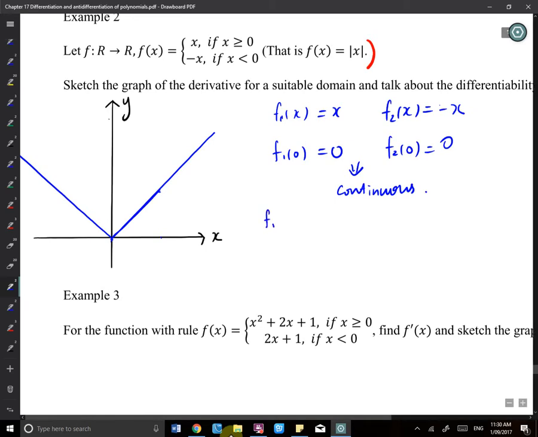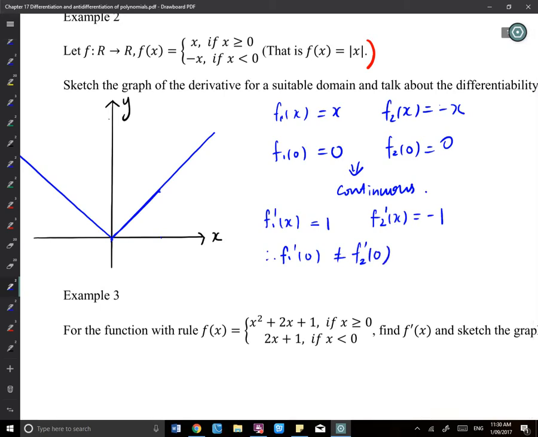So what's f1 dash x? f1 dash x is 1. f2 dash x is negative 1. So f1 dash 0 is not equal to f2 dash 0, because one is 1, one is negative 1. That's the sharp point. The derivatives on the same point are not the same.